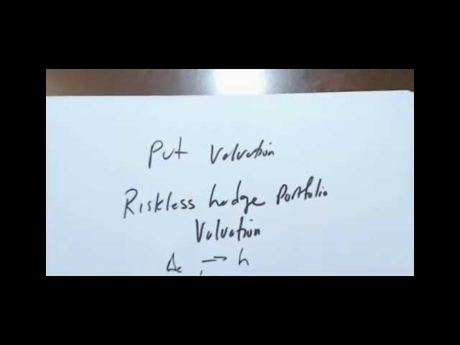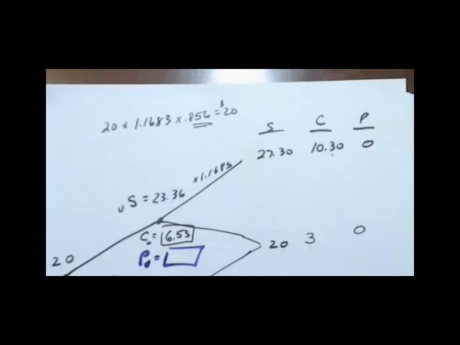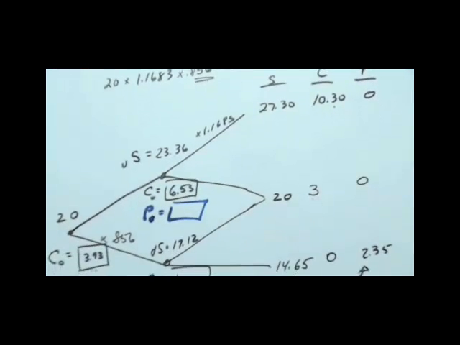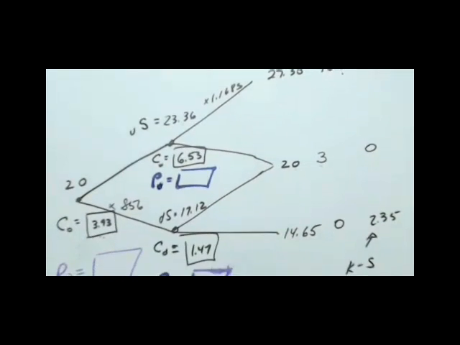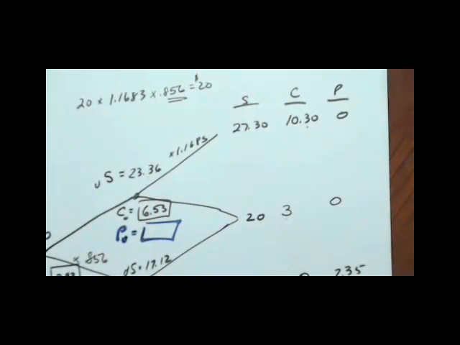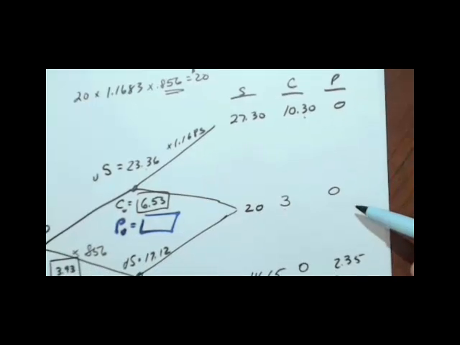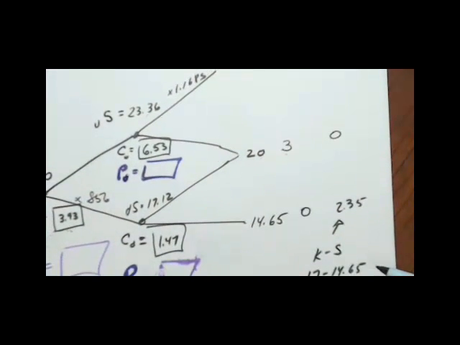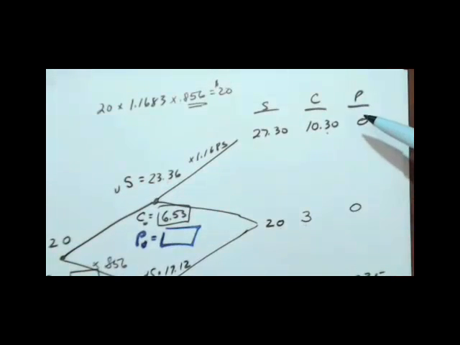I'm looking at the riskless hedge portfolio method. So what I'm doing here is, look, here's the original tree that I put together. And remember I told you I calculated the put at expiration, right? And I said, hold off, we'll be using that shortly. And here we are using it shortly.